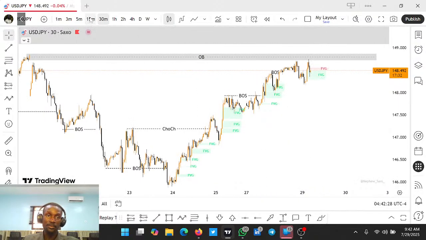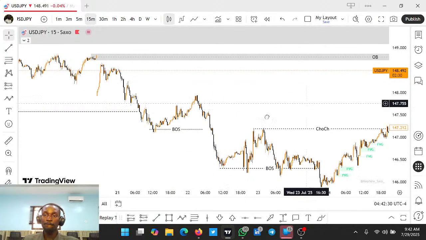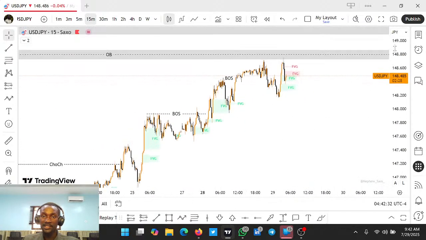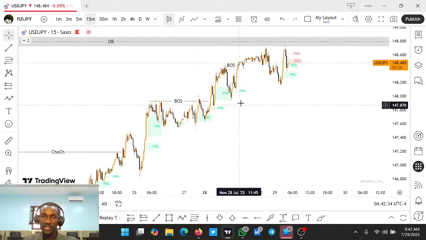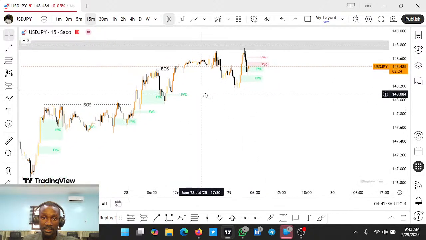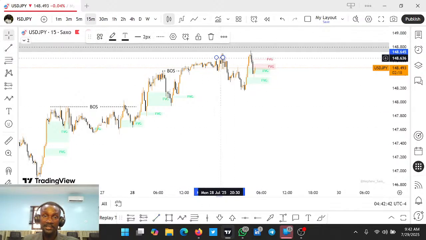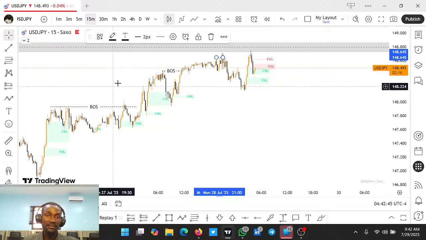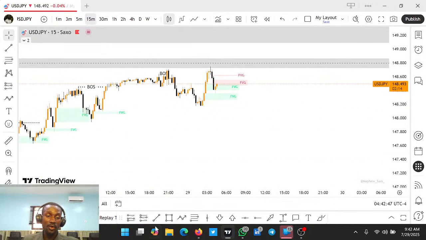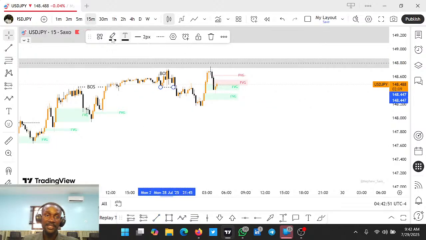Can you see that price is dropping? So I need to see price take out this recent break of structure, this recent low. Okay, price has taken out the low already. This is a break of structure on the 15-minute time frame. Now you can see this low has already been taken out, and price has reacted.